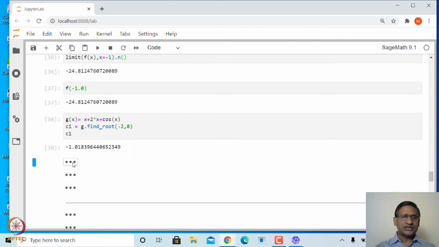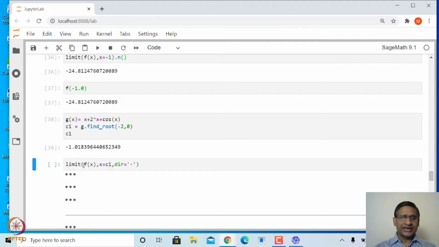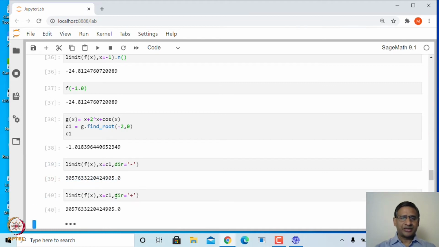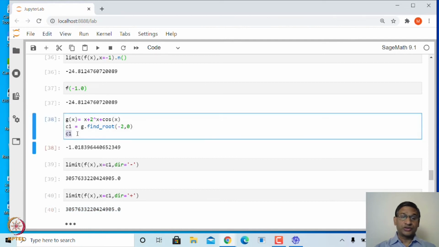So, let us find out what is the limit at this point of the function. The left hand limit is some very large positive quantity, whereas if you find the right hand limit, that again is the same. Since this value C1 which we have found is a numerical approximation, it is not the exact value.